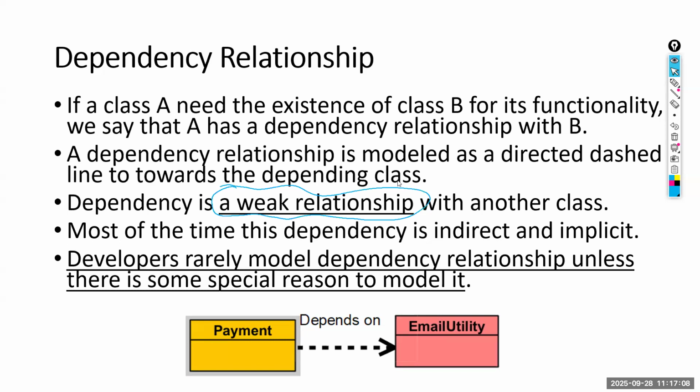So what is meant by dependence? Say for example, let's say this is a son. This is the father.